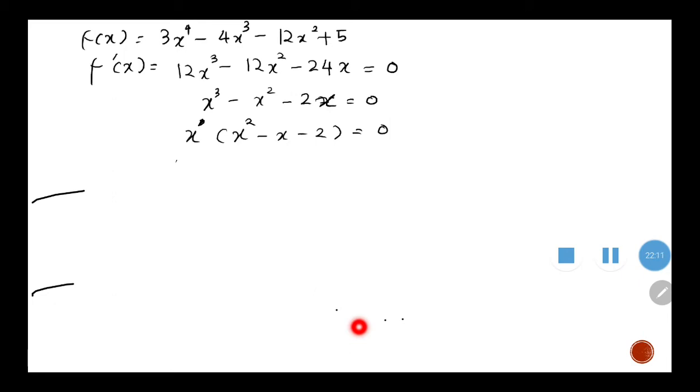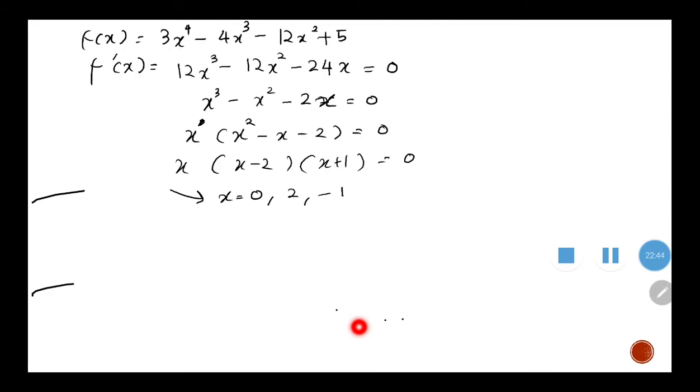So now we can factor it like this: x minus 2, x plus 1 equal to 0. So now we have the critical values when x equals 0, when x equals 2, and when x equals minus 1. Okay, clear.